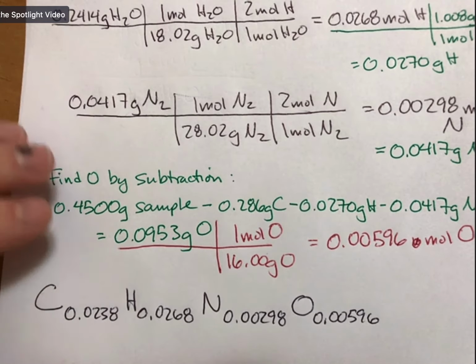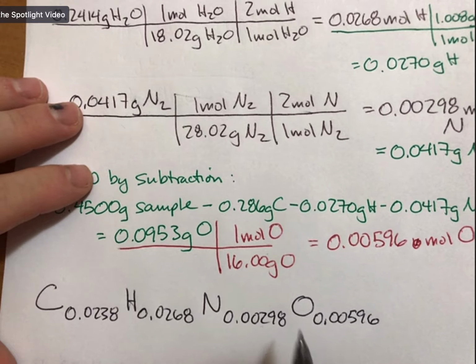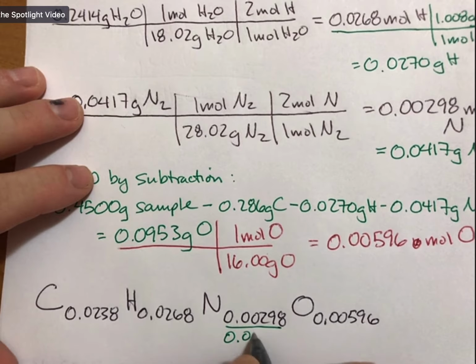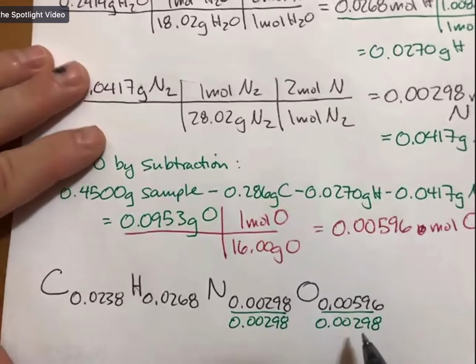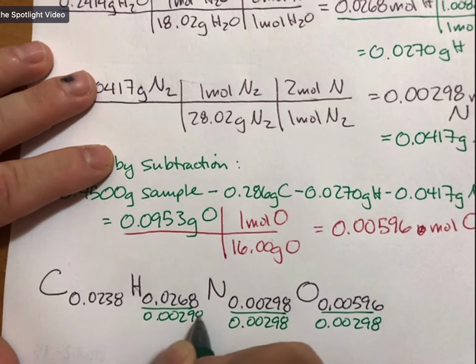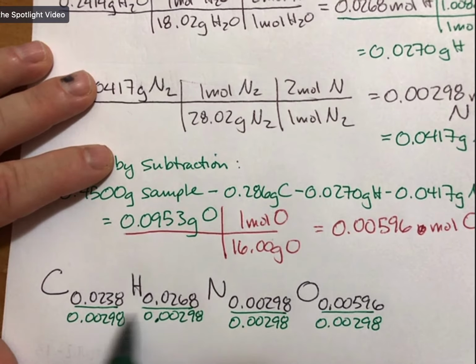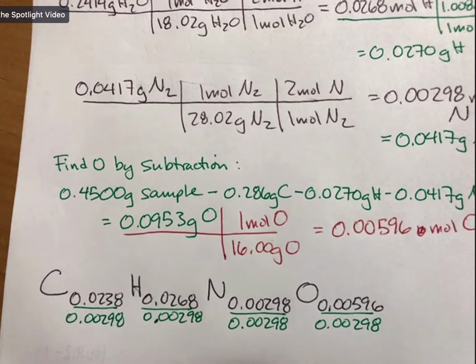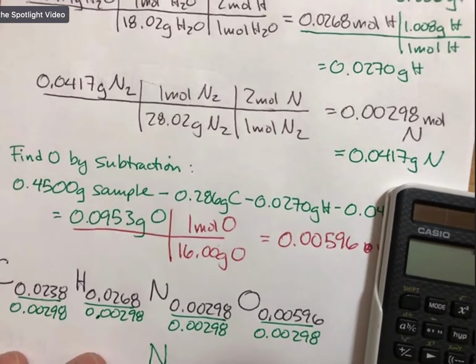Now I can divide everything by the smallest number. The smallest number is the one for nitrogen. The number for oxygen looks like it's going to be a 2. And I don't know what these other numbers are going to be, but they are going to be closer to 10. All right, multiplying this all out, so N is 1.